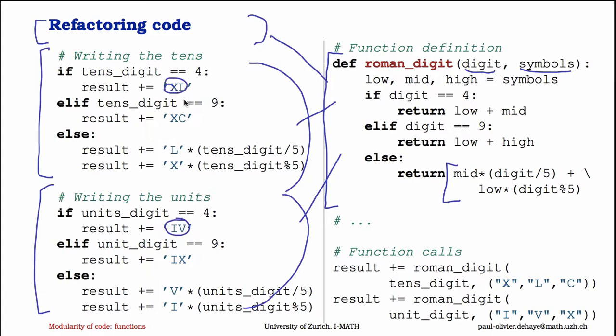So for instance, this is low plus mid, and it's packaged there. So why is there a gain? Well, the gain is that if our logic here is wrong, then we fix it in one place instead of fixing it in 3 places and copy-pasting the fixes.